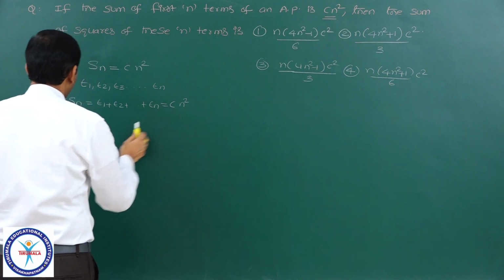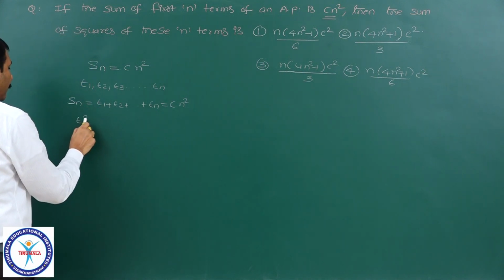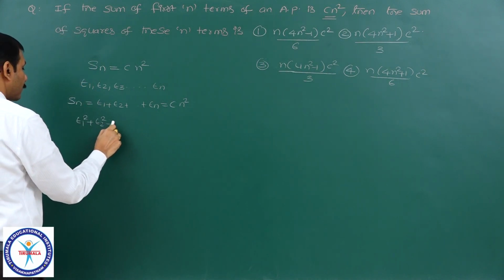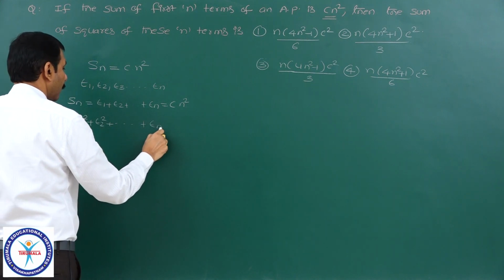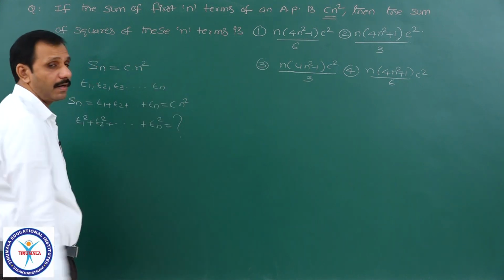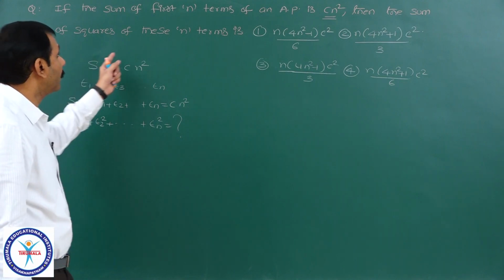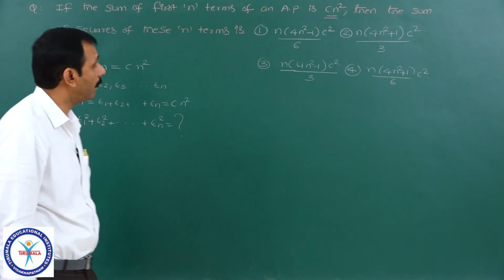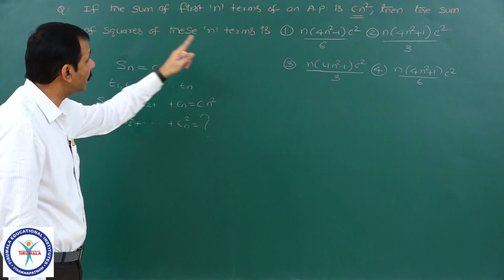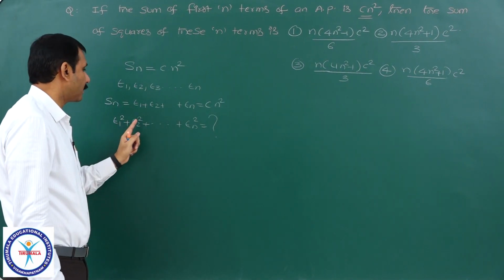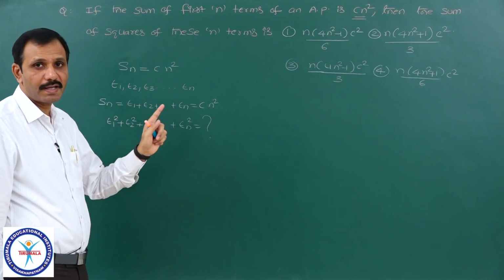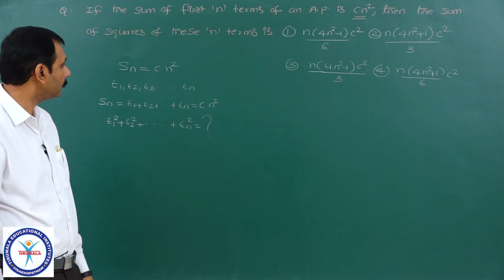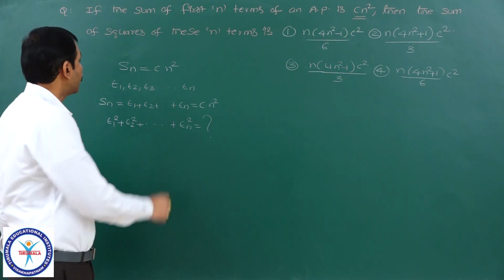Now what they are asking us is the value of T1 square plus T2 square plus and so on, Tn square. The sum of first n terms of the AP is Cn square, then the sum of squares of these n terms, T1 square plus T2 square and so on, Tn square, they are asking. What is given here? The sum of n terms.